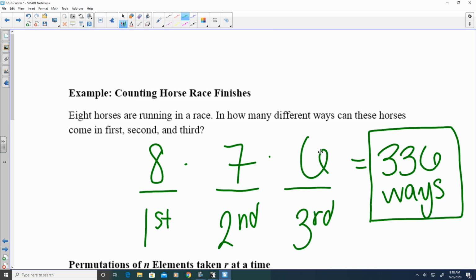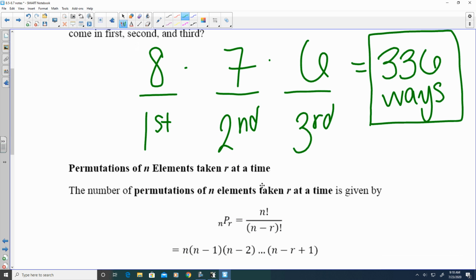And what we just did, without knowing that we did it, was taking n elements, taking r at a time. We took 8 elements, 3 at a time, and we used this permutation formula just by using a list. Sometimes that list method is a little bit quicker. We could have used the formula: 8P3, P meaning it's a permutation and order matters.